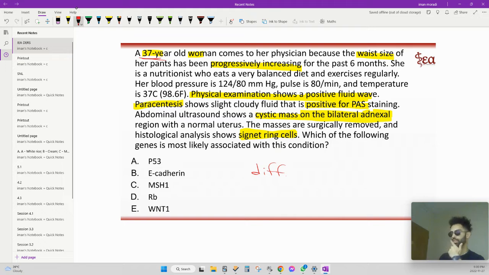So it's asking what's the gene mutation that's characteristic of this. The answer is E-cadherin. Remember, E-cadherins are the proteins that connect cells to each other, right? If there's a mutation in there, it means the cancer can metastasize more easily. And two things that I can think of, one of them is this, the other one is lobular carcinoma of the breast, which also has an E-cadherin deficiency.